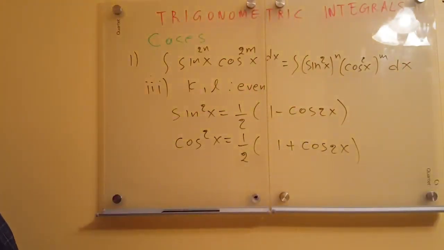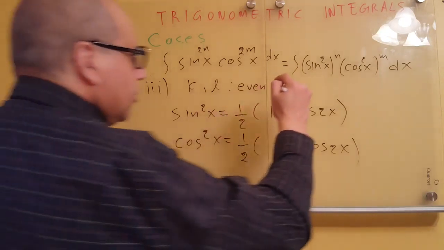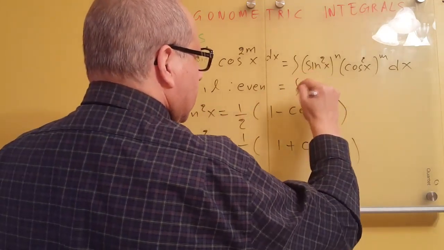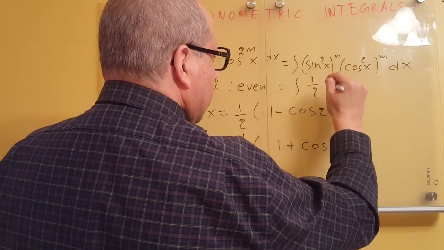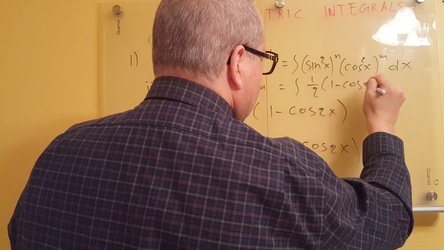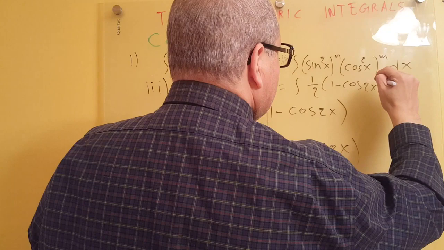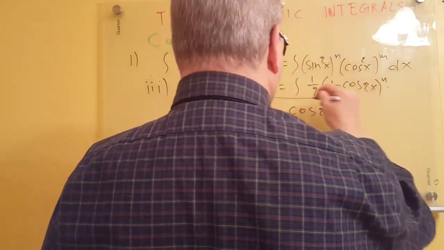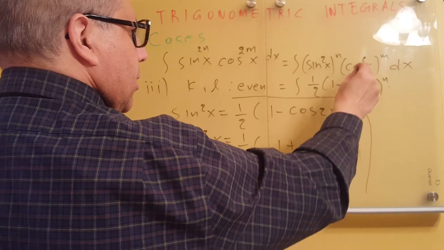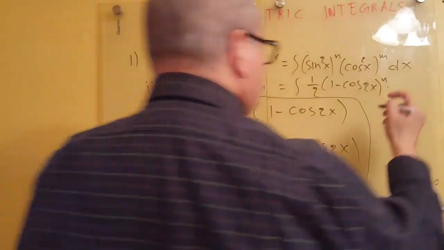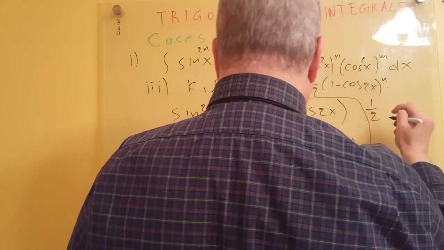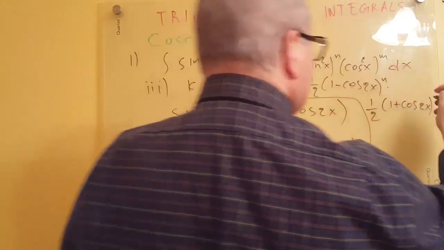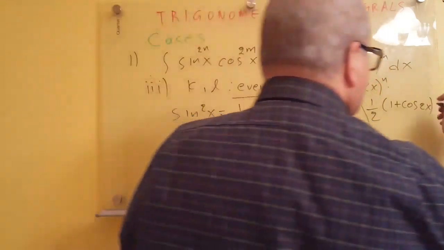And now, of course, you can go and substitute the sine square x that we have here equal with 1/2 times 1 minus cos 2x, to the n, times the cos square x, you substitute it from here, 1/2 times 1 plus cos 2x, to the m, and of course all this integral with respect to dx.